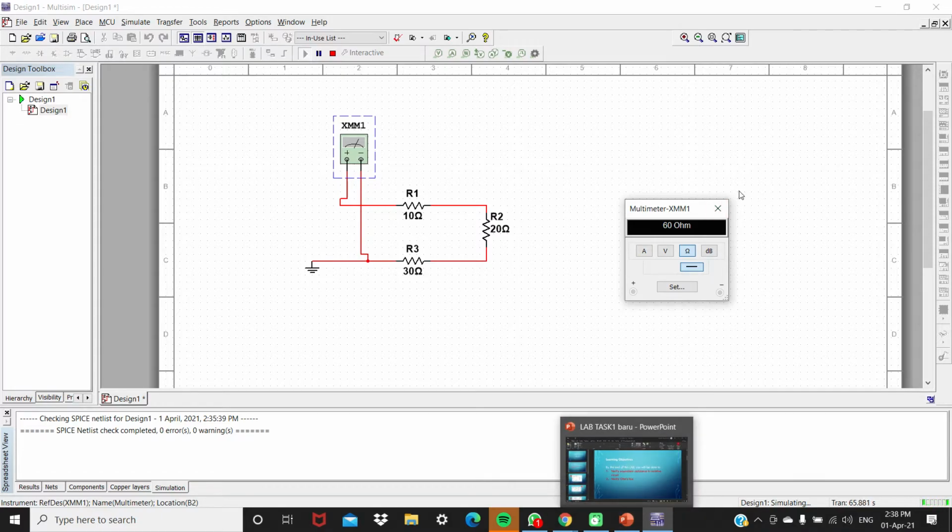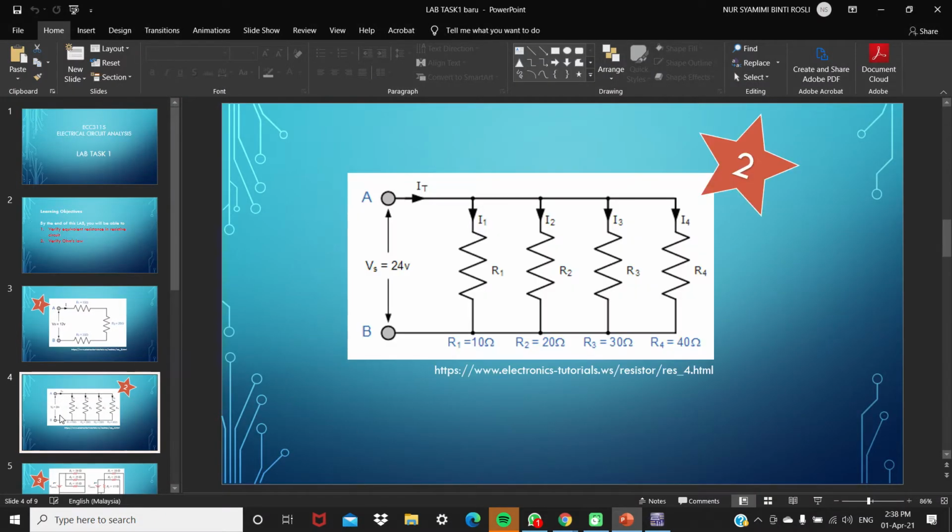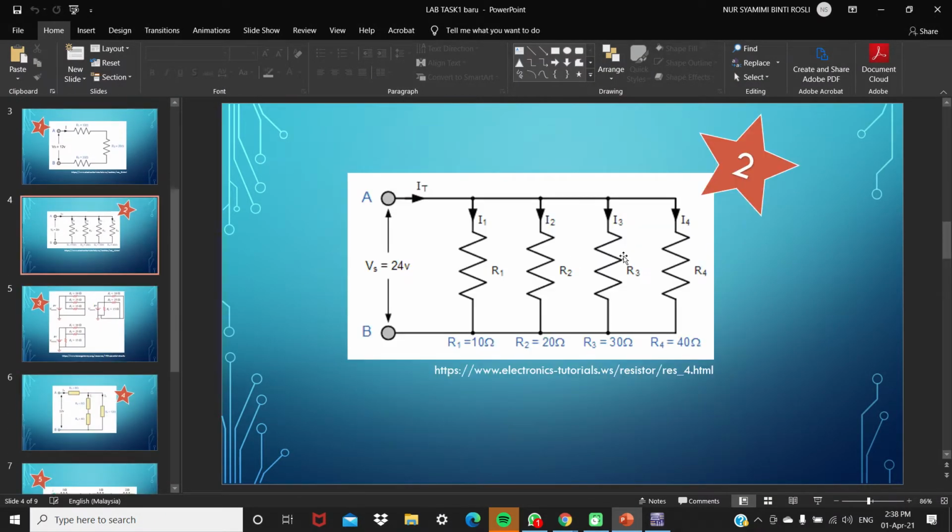So, this is basically task number one. Okay, let's look at task number two. Okay, this is interesting. Let's try this one. So there is 10, 20, 30, and 40, and 24. And do we need this one? Yes, we need it. This time we're going to measure.